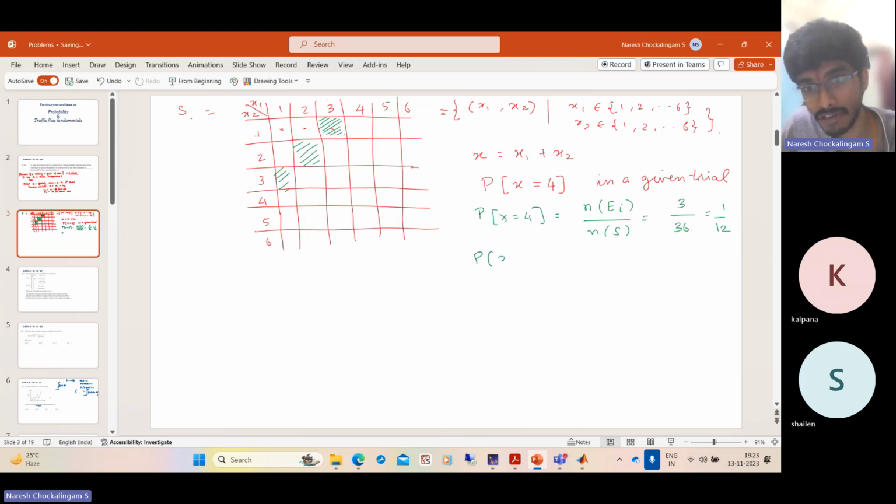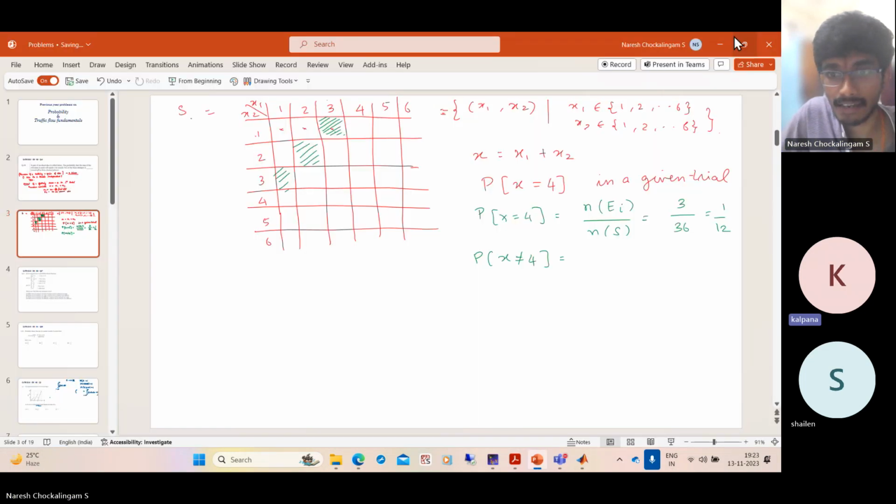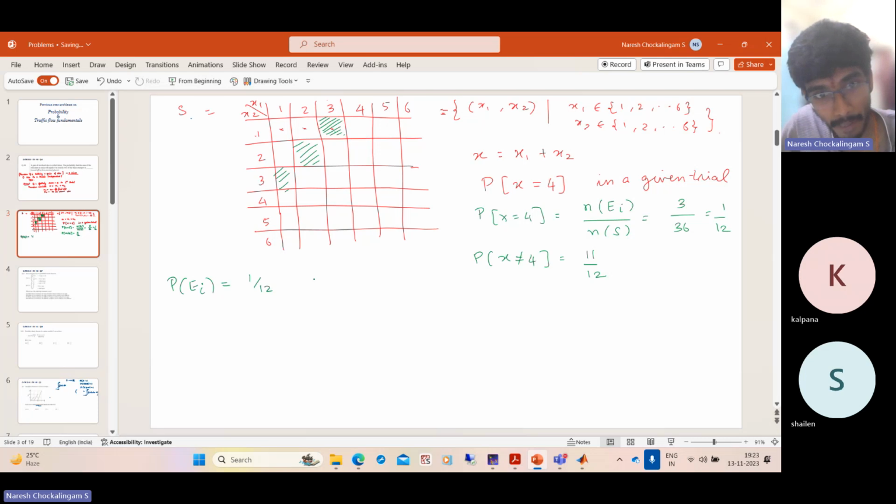What is P of X not equal to 4? It's a simple thing, right? 11 by 12. So this holds for all i. Now P of E_i is equal to 1 by 12, and P of E_i not happening is 11 by 12.